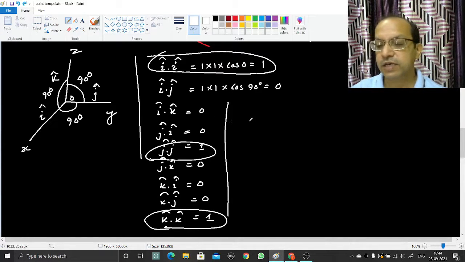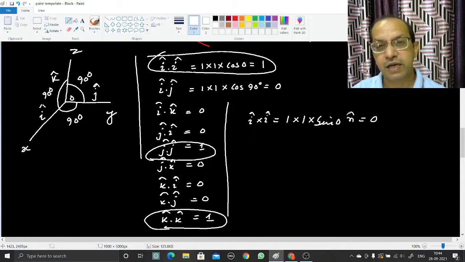To find the cross product, i cross i cap. The magnitude of i is 1, the angle between the two is 0, sine 0, and n cap. That means it is 0, because i and i are parallel, and the cross product of two parallel vectors is 0.